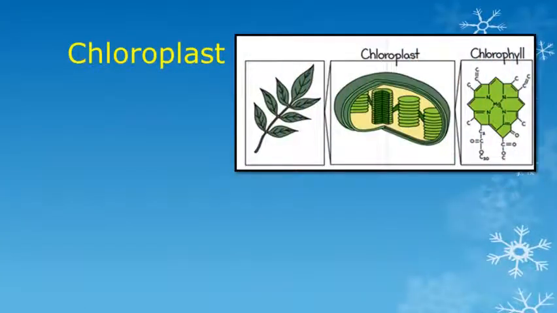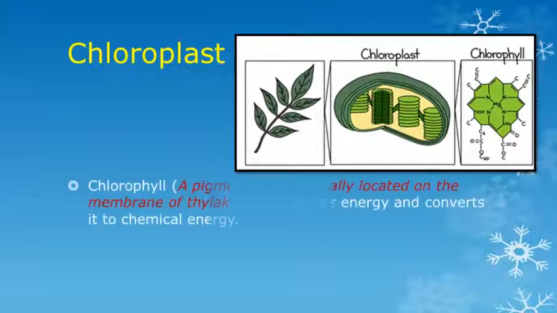Students, here you can see a leaf which contains chloroplasts, and in the chloroplast the pigment chlorophyll is present on the membrane of the thylakoid. On the right hand side you can see the chemical structure of the pigment chlorophyll. Chlorophyll, located on the membrane of the thylakoid, traps solar energy, meaning the energy from the sun, and converts it into chemical energy.